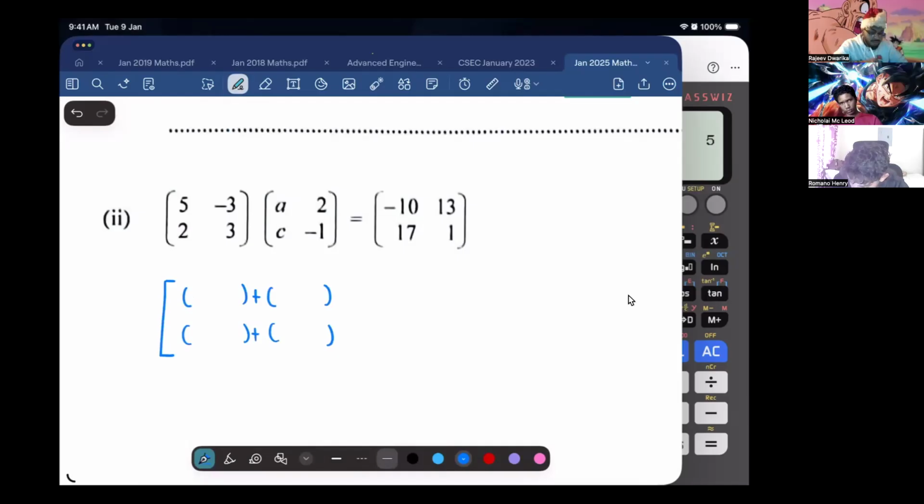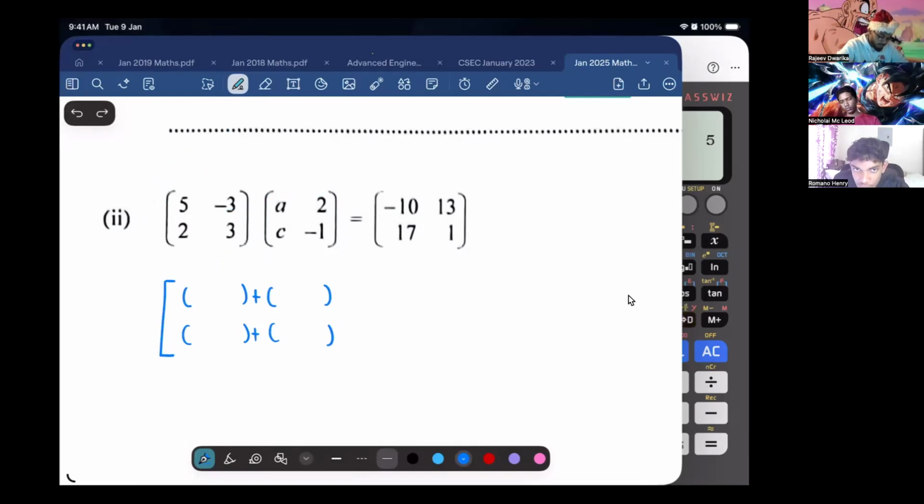What is the first row? 5 and -3. Right? And where's the first column? A and C. Where's the first element here? 5. The first element here? A. So tell me what it is.